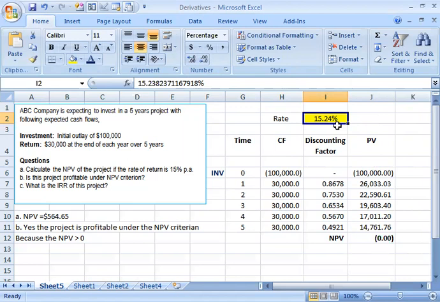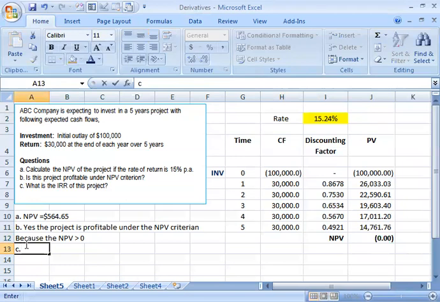So the IRR is 15.24 according to this example. So for part C, IRR is 15.24%. So, sorry, I made a mistake there. Okay, so that's it.